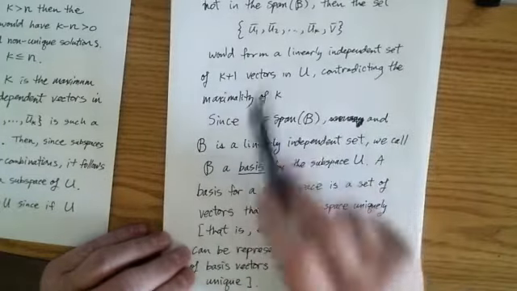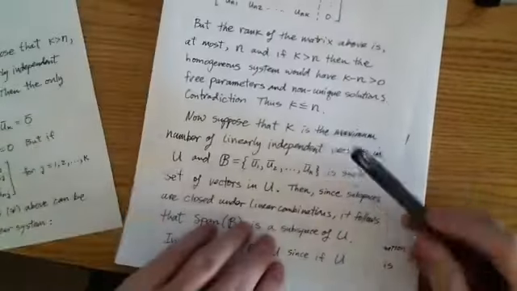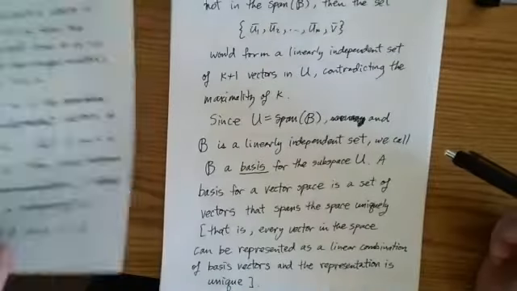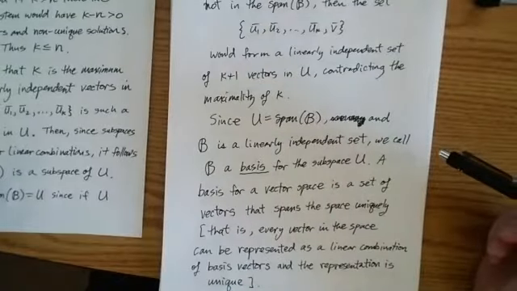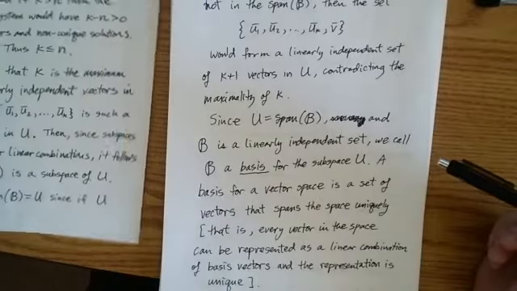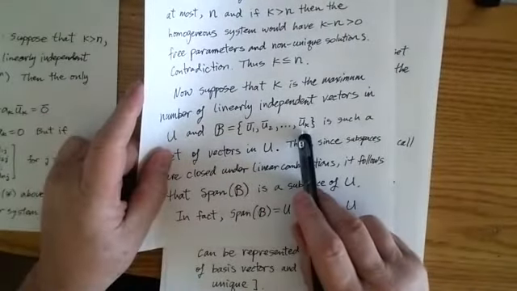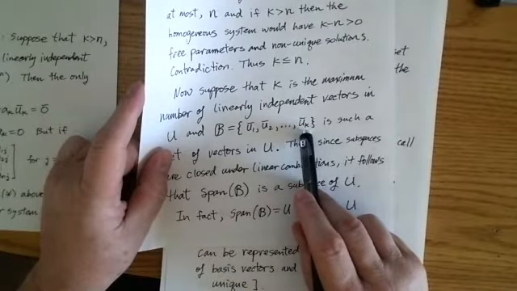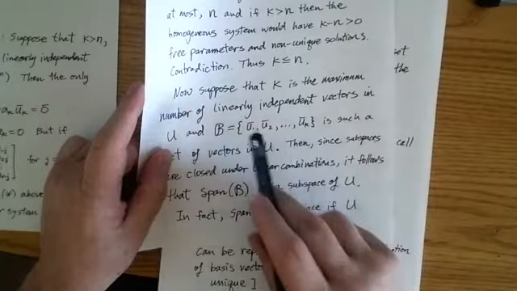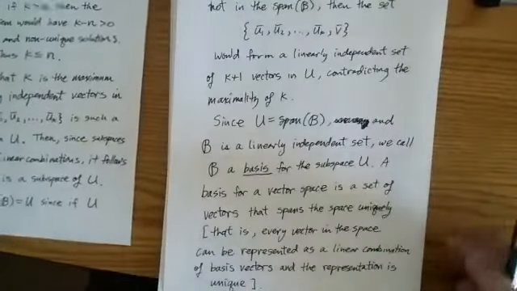The maximality of k. We said k was the maximum number by assumption here. So that means if you've got a set of vectors, the most that you can pick within a subspace and still be linearly independent, then the span of that set is going to be the space itself.